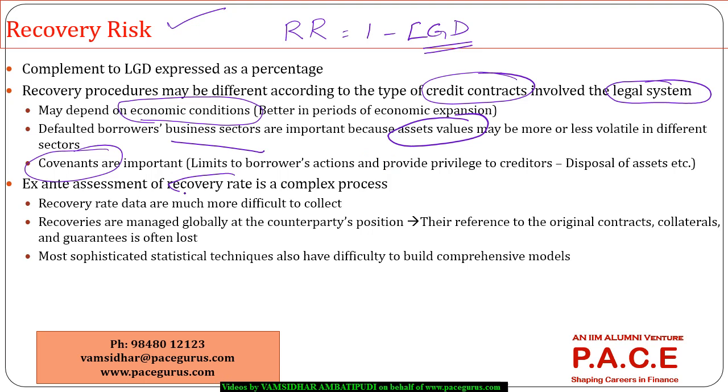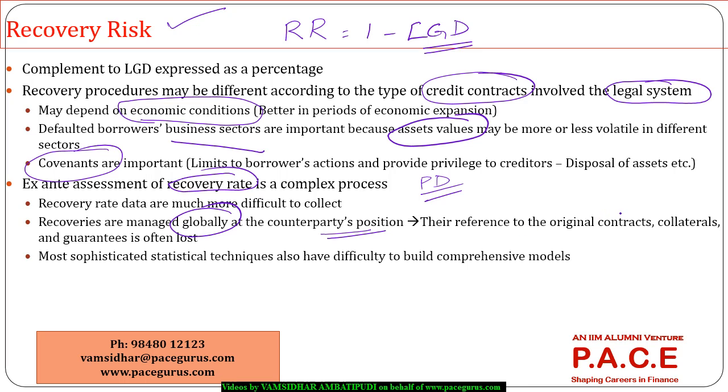How much will the recovery rate be if I have to assess it beforehand, ex ante? That's also a very difficult process, just like assessing the probability of default beforehand. The recovery data is very difficult to collect, because the majority of the time the recoveries are managed at central locations at the counterparty's position.